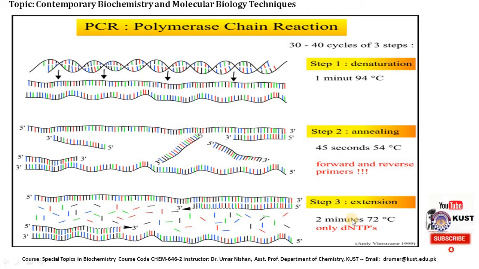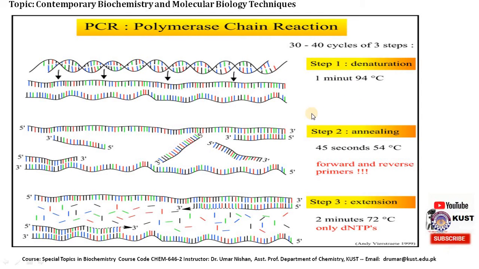This happens for around 2 minutes, which is followed by, once the cycle is completed and this extension phase finishes, the thermocycler changing the temperature again to 94 degrees C and causing a denaturation, which will result in again the separation of the two strands.